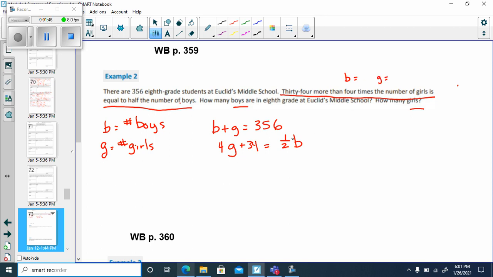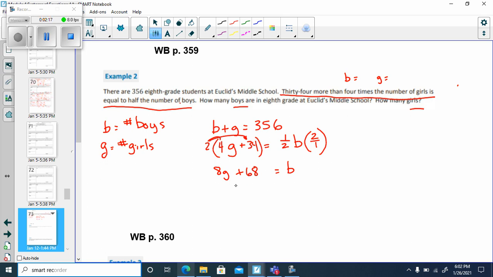Okay? Now, if you look at it, we don't have anything that says B is equal to or G is equal to, to use substitution. But if I'm multiplying 1/2 times B, couldn't I multiply this by the reciprocal, 2/1, or just 2, and cancel that out? Do that to both sides, and I would wind up with the number of boys is equal to, distributive property, 8G plus 68 is equal to B. Okay?